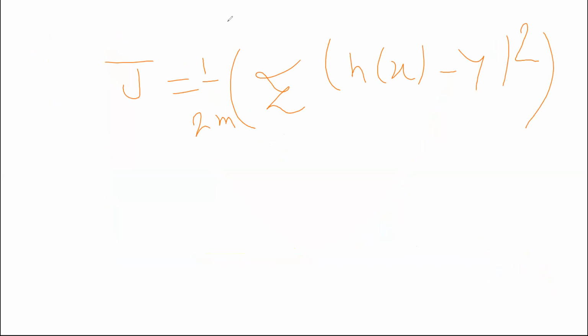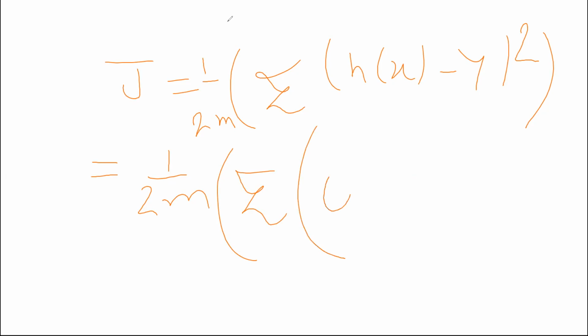So now how can we write this? That is equal to 1 upon 2m summation, and if you expand inside, h of x is theta naught plus theta 1 x, minus y, whole square.